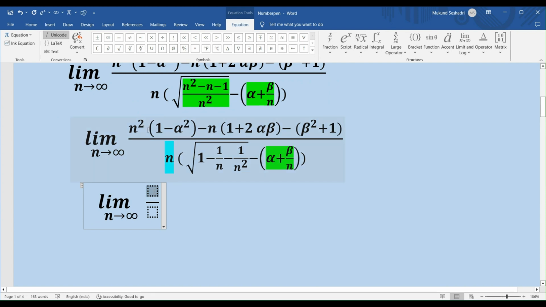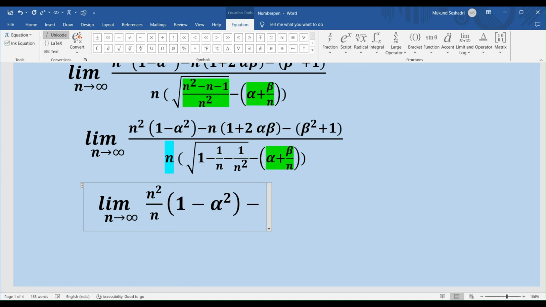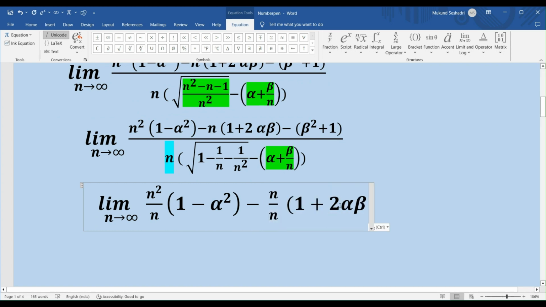Which means my first part of the expression becomes n square by n times 1 minus alpha square. And then I come to my second part, which is minus of n by n times 1 plus 2 alpha beta. And then the third part is nothing but minus of beta square plus 1 by n.